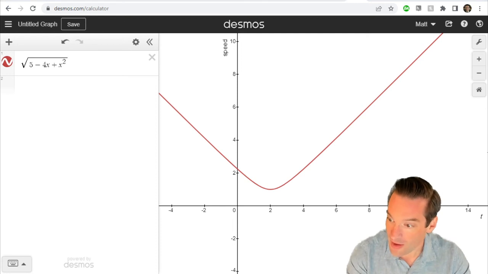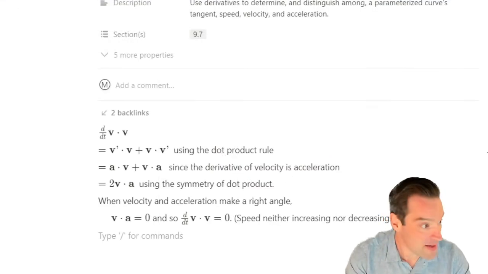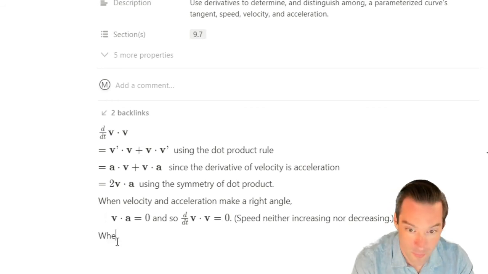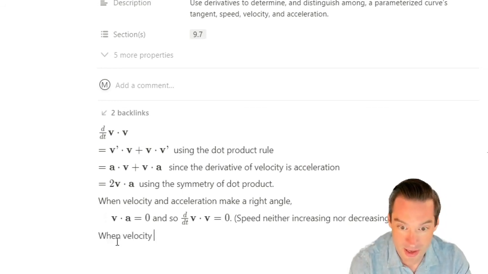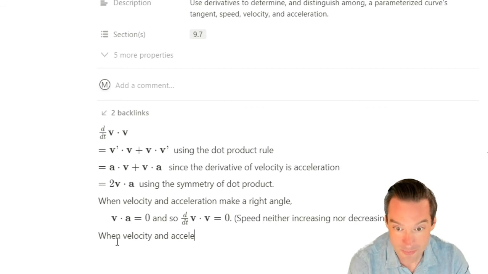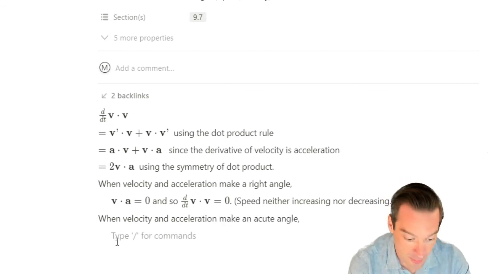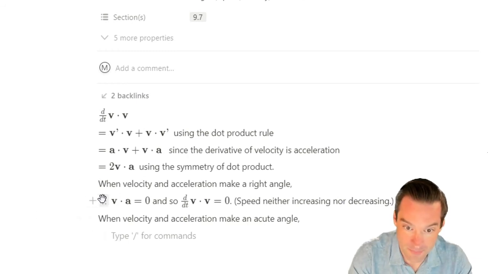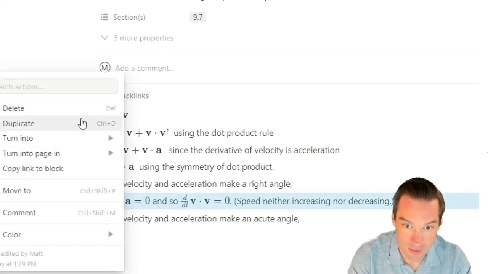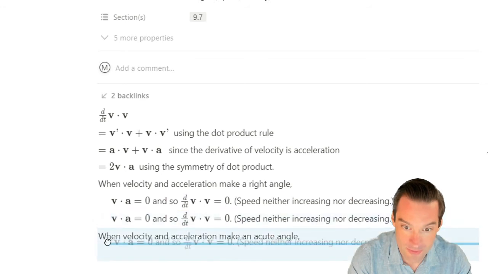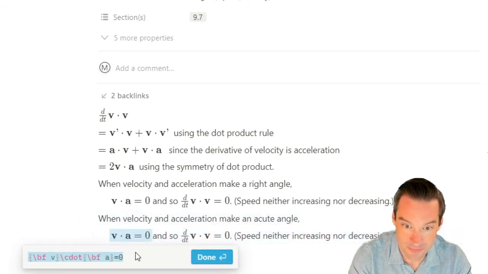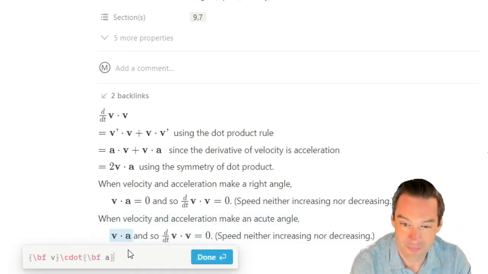Okay, and then just to verify that the rest of our intuition from this exercise also worked, what can we know when velocity and acceleration make an acute angle? What can we say about the dot product of two vectors when their angle is acute? Is it positive?